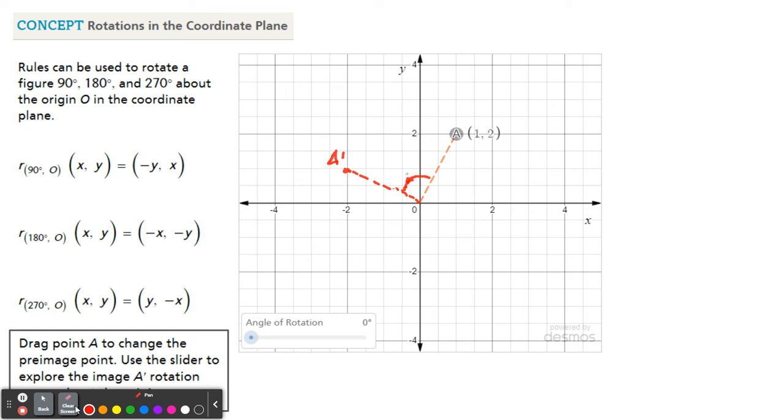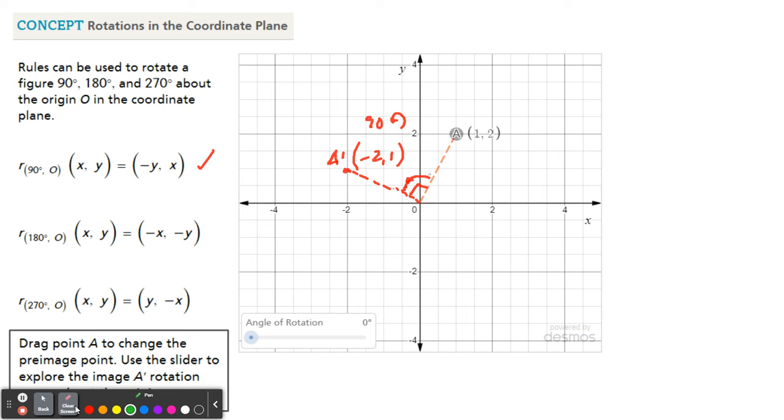A prime here ends up at (-2, 1). It's counting by halves, so be aware of that. Each of these is a half. Notice that when you do a 90-degree counterclockwise rotation, the x, the 1, goes second, and the y, the 2, goes first, and it became opposite.